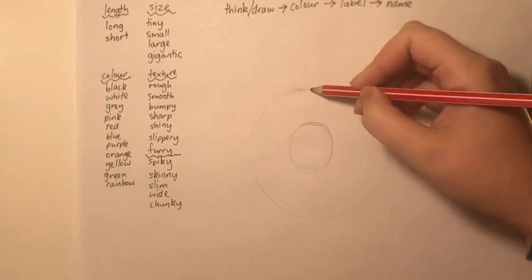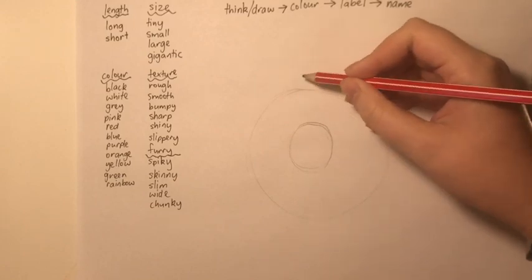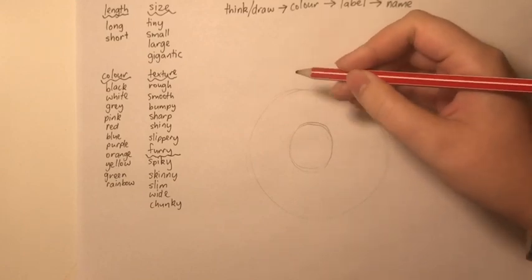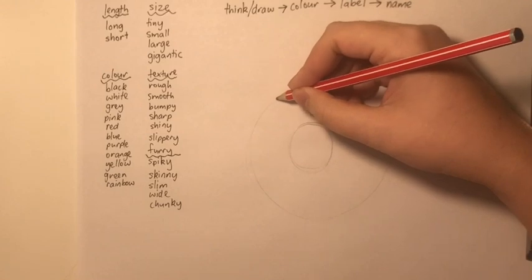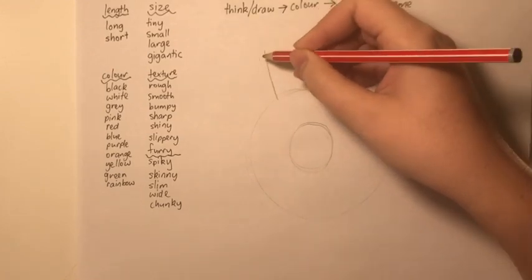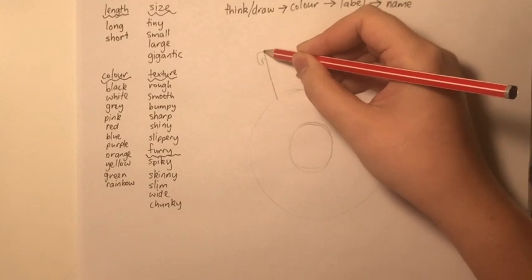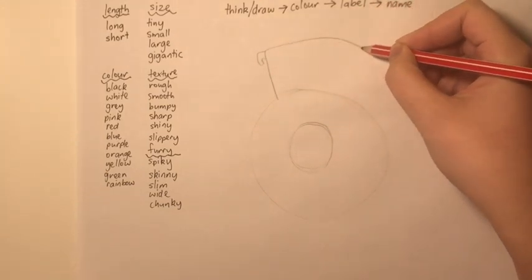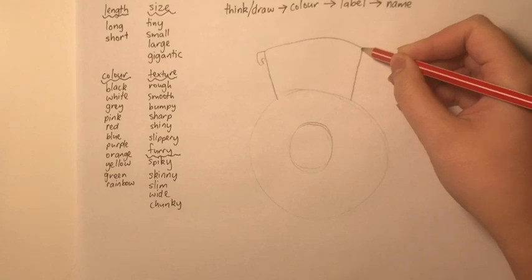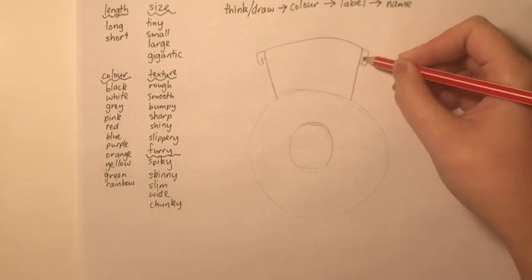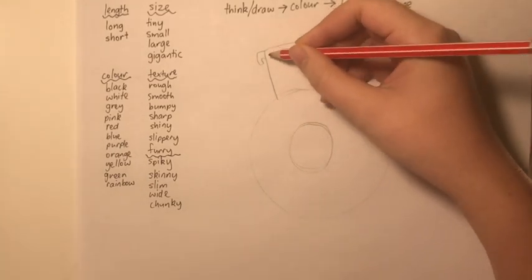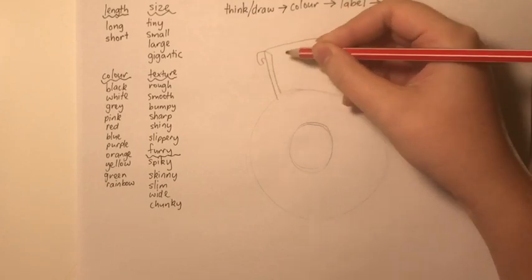Or should it have a neck and then a head attached? You know what? I'm going to give it a head that looks a bit like an open donut box. I'm going to go over this in pen afterwards. So there we go, there's a head like an open donut box.